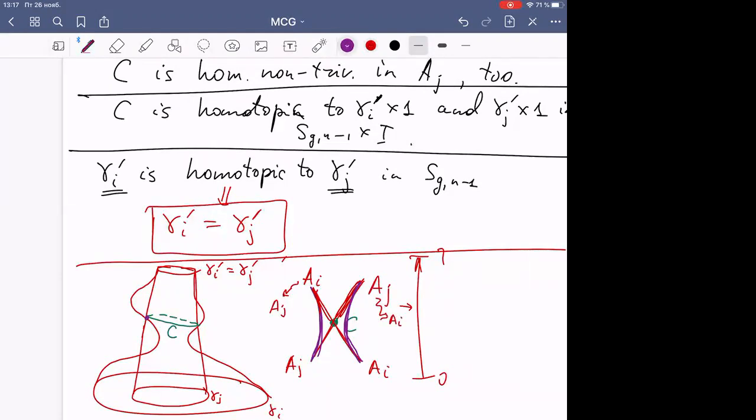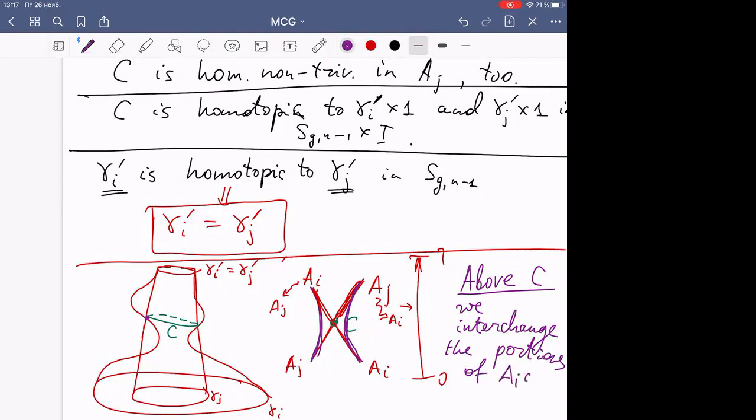So above C, we interchange the portions of AI and AJ. The matter is why we can do this.